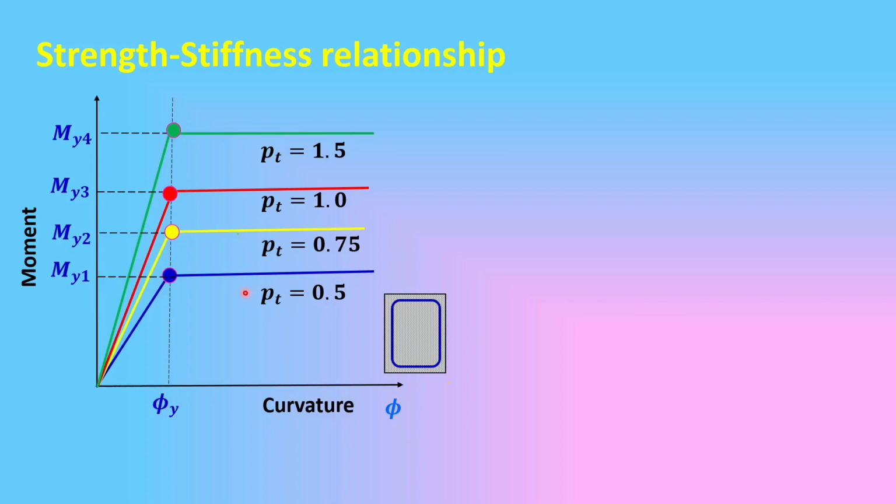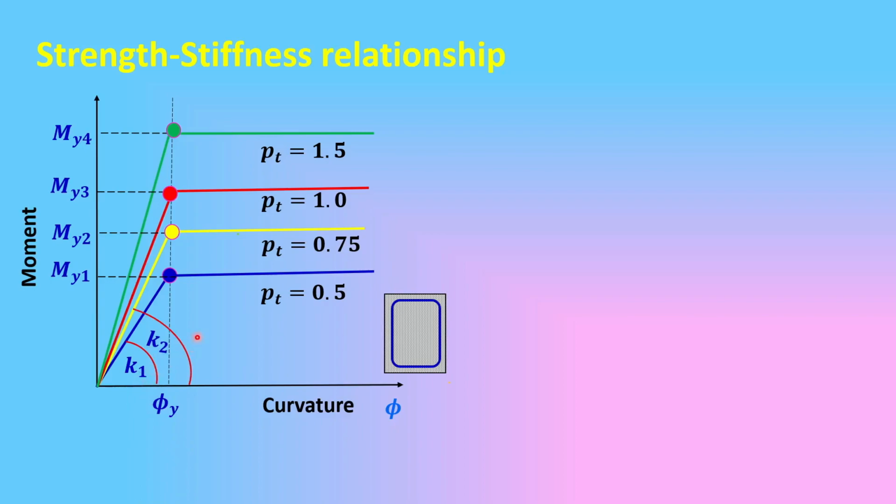Now, the angle subtended by these initial state lines with the horizontal, if you take tangent of that angle, it gives the stiffness corresponding to this force deformation diagram or moment curvature diagram. So, for the first line, the tangent of this angle will give you the stiffness K1.